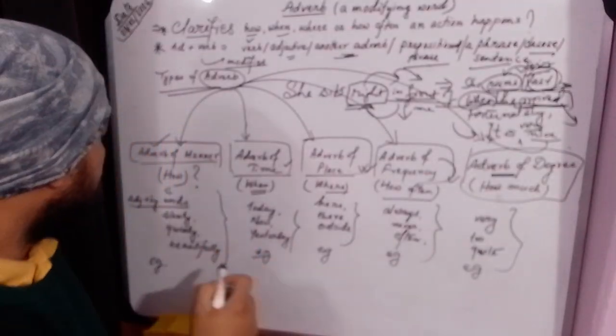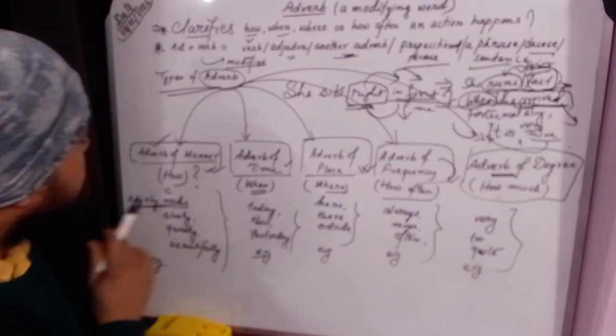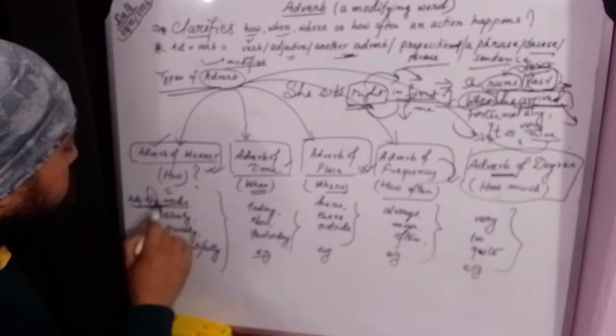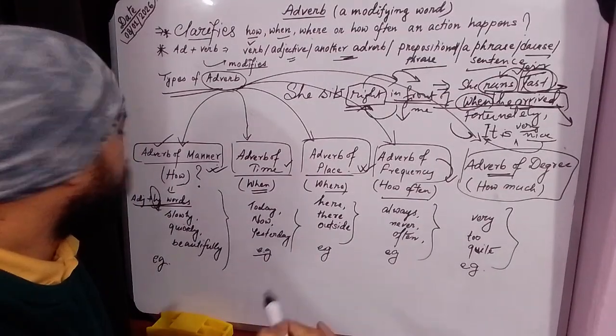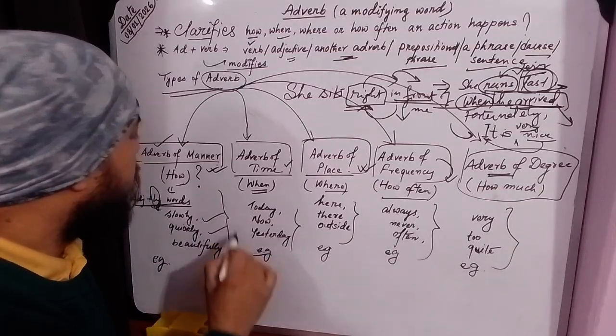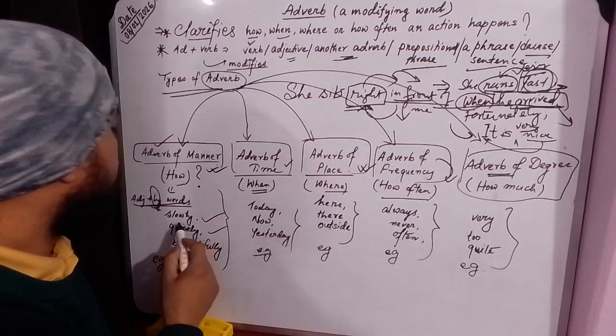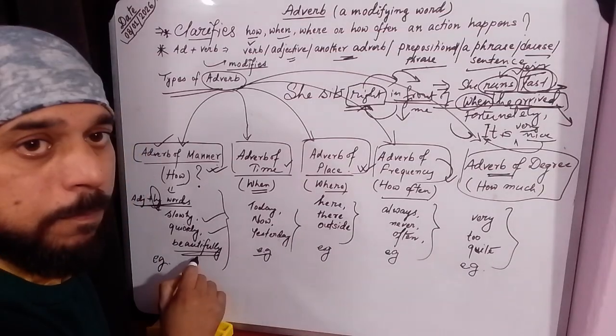Take the examples. Here, adverb of manner, they are mainly adjective plus ly words. So whatever ly words, most of the time we see are examples of adverb. Like she runs slowly. She writes beautifully.